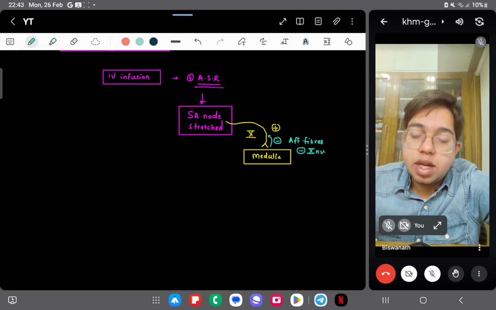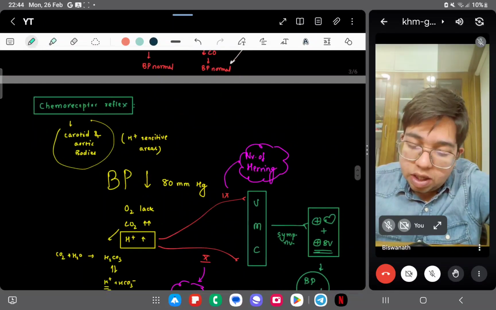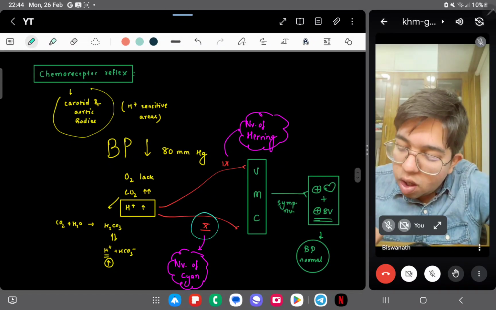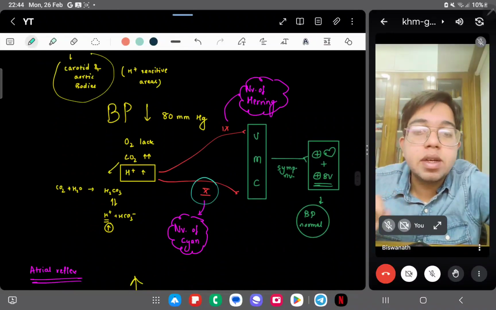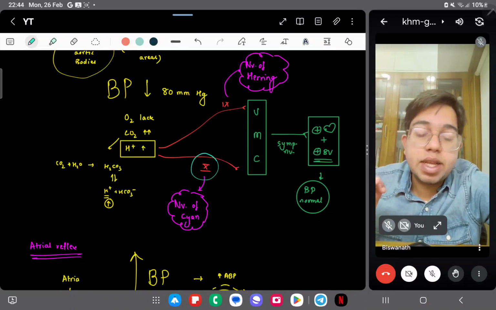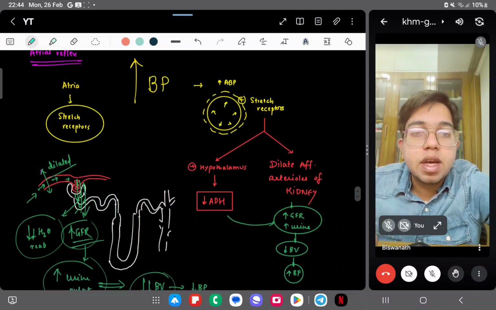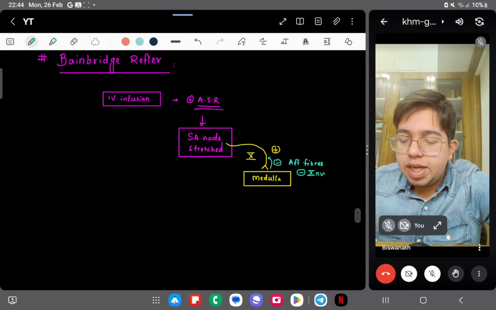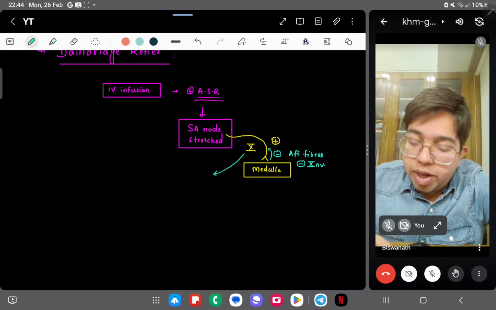If this 10th nerve is inhibited, just see above. What was the 10th nerve doing? It was decreasing the BP. It was stimulating the parasympathetic, just bringing the BP to normal.